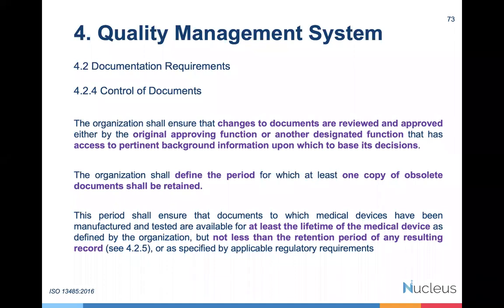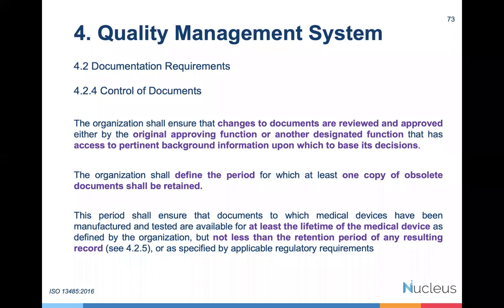Is it the original originator or whoever you assign? Make sure the approval person or approval authority has access to the information on why this change was initiated and what the impact of this change is. That clarity is needed when you are approving a change.